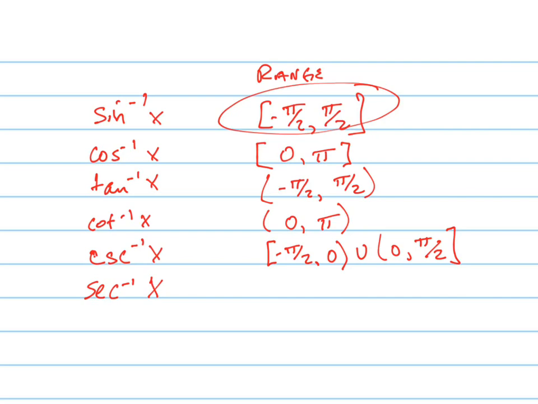It's the same as the cosine function, but it doesn't include pi over 2. So it's from 0 to pi over 2, union from pi over 2 to pi. So those are the ranges of your inverse trig functions.